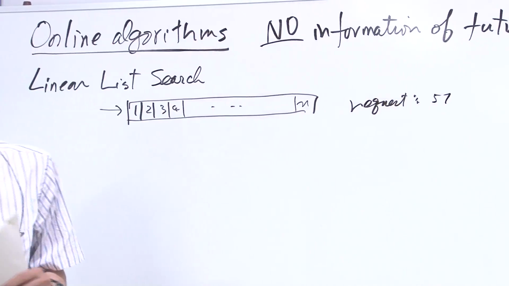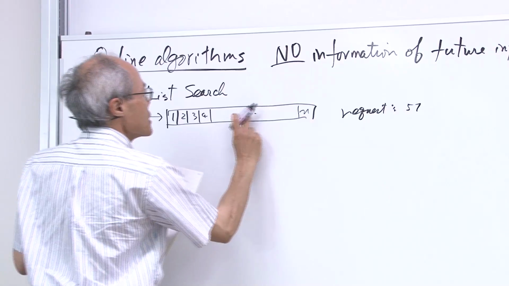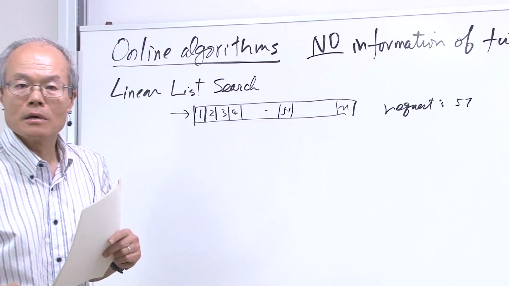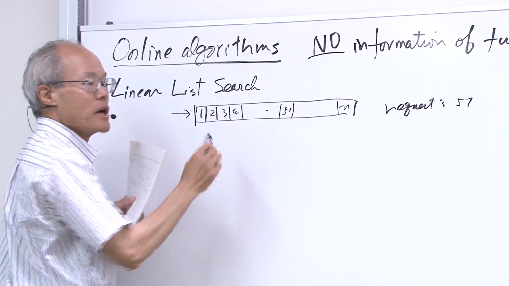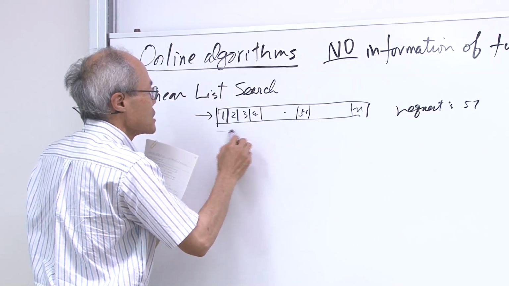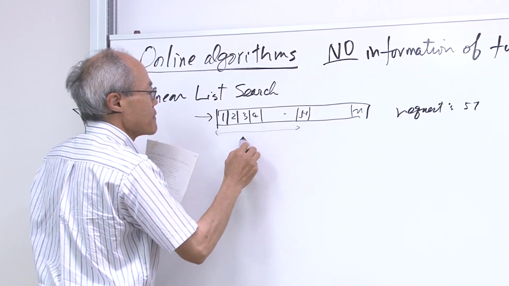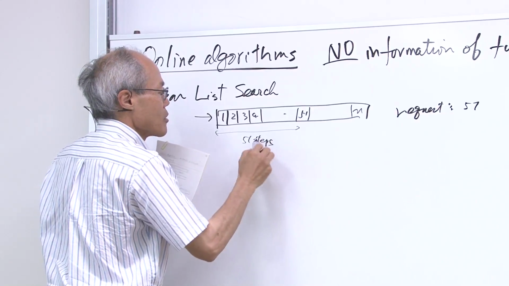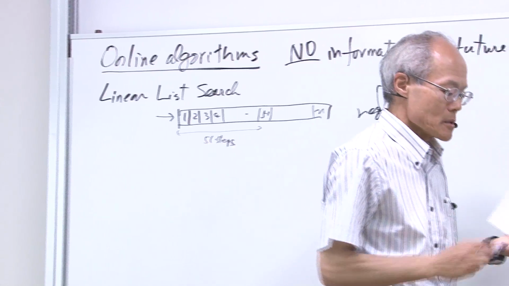Then you have to search for item 51 in this list, just doing sequential search. So you need to move from here to here. These are 51 steps. This is your cost.